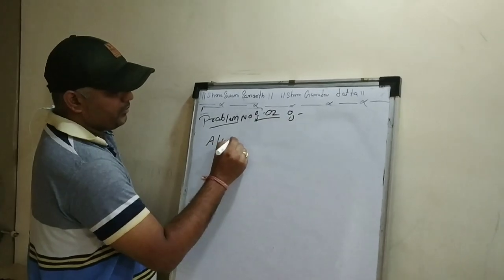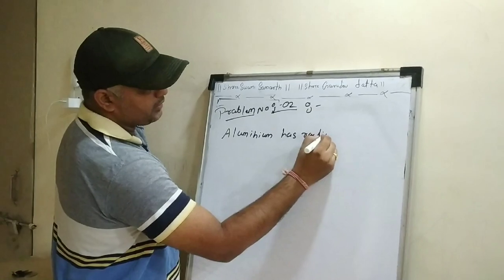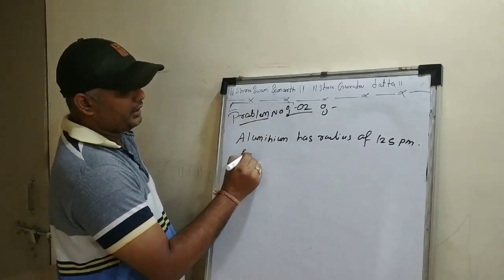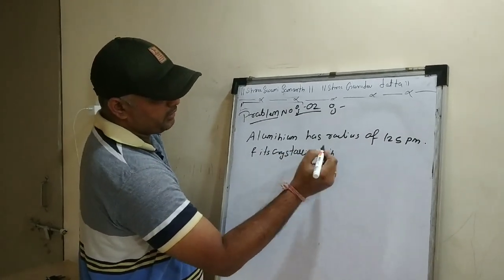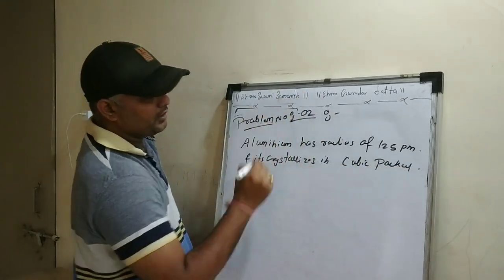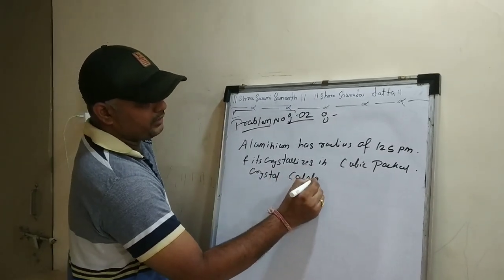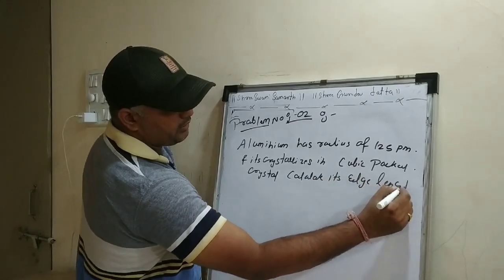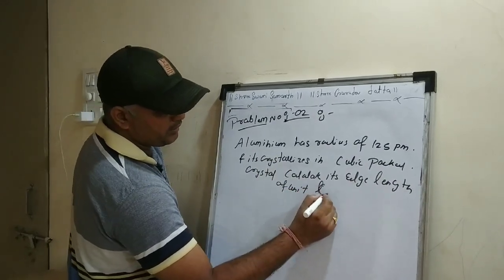Aluminium has a radius of 125 picometer and it crystallizes in cubic packed crystal. Calculate its edge length of a unit cell.